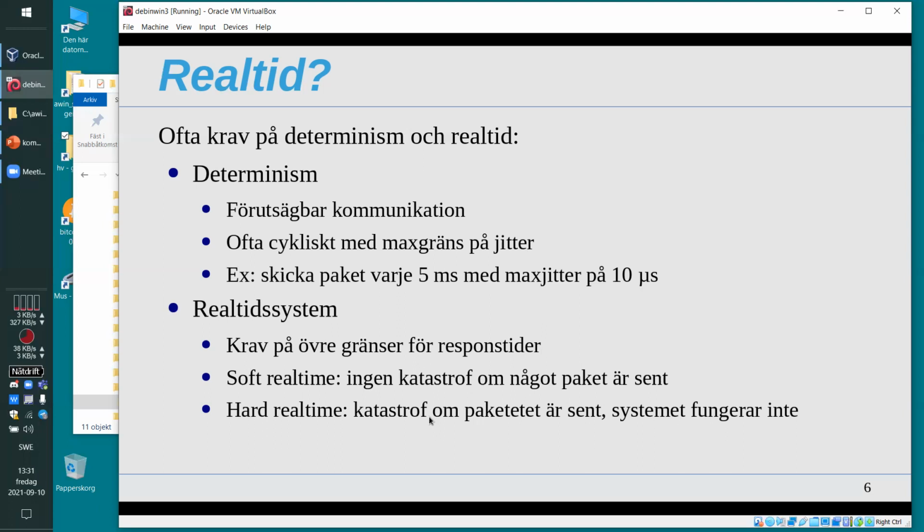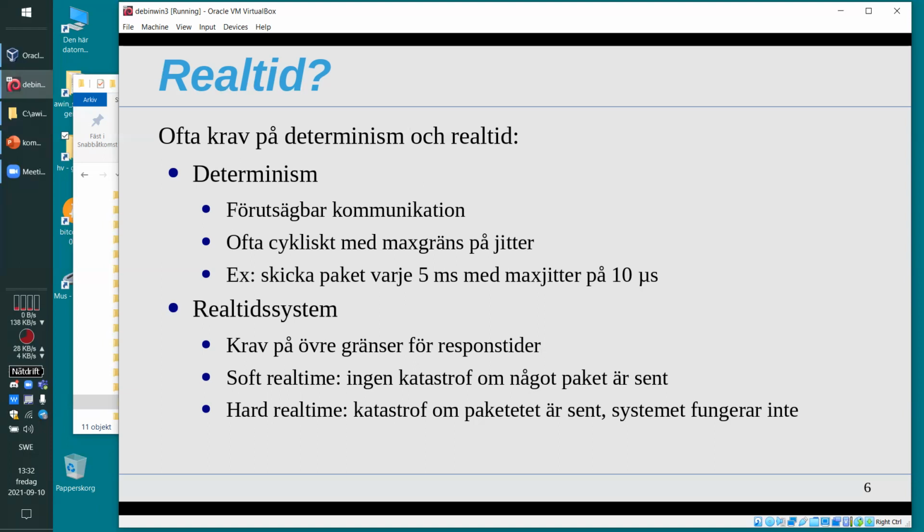So sometimes you have hard and soft real time, and you very often combine it with requirements on determinism as well. It makes the system easier to reason about, test, and build sometimes.